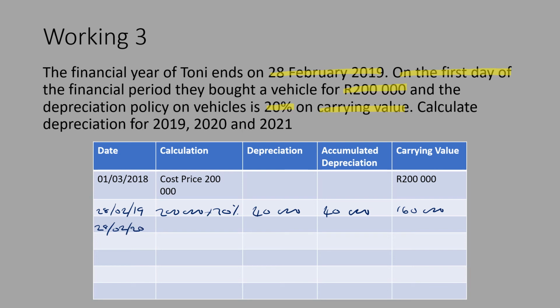Then on 28/02/2020, calculating depreciation will be 160,000 times 20%. Right, I'll explain that. It's simpler that way. That will be 32,000.